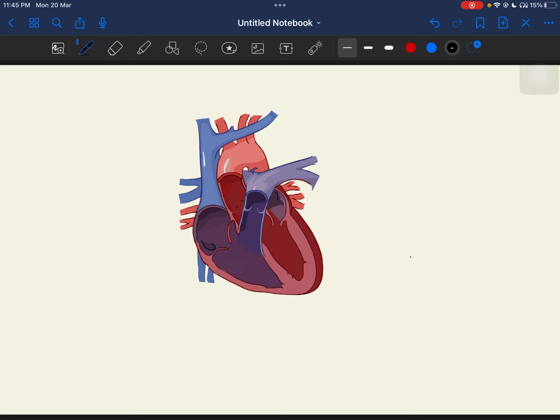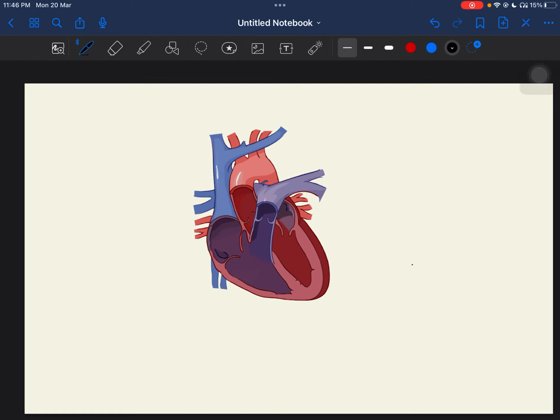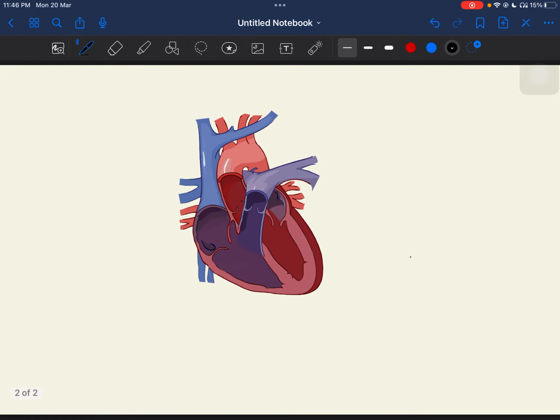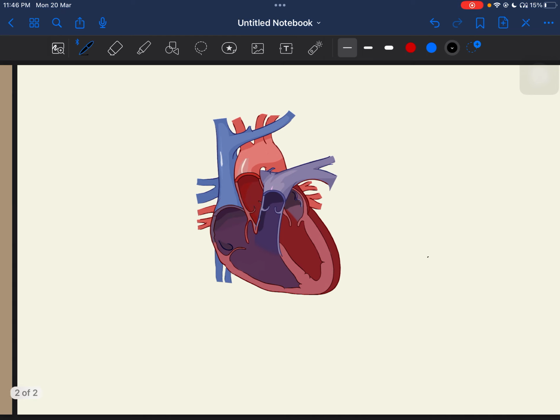हेलो गाइस। आज हम पढ़ेंगे कि हाउ हार्ट फंक्शंस, द पंपिंग सिस्टम ऑफ द बॉडी। So you can see the branches here, here, here. So you are wondering how the blood is supplied to the part of the body. So this is not the full picture. I will show you how the full picture works.